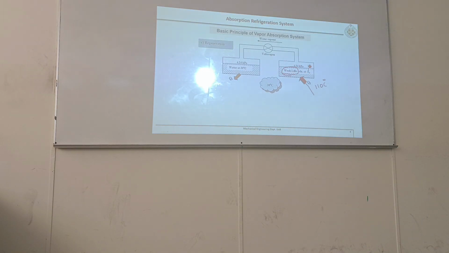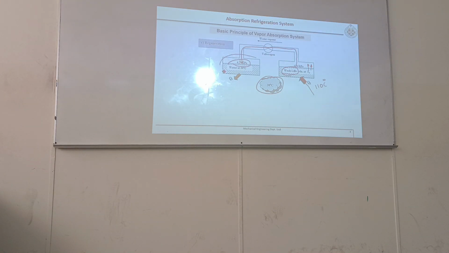Here it is 110, so water is evaporating at a higher temperature, but you want to condense this water vapor where? Because these vessels are placed at 30 degrees Celsius. So water vapor is produced at a high temperature, but now you are condensing it at the ambient temperature. So the condensation pressure corresponding to 30 is 4.24 kilopascal.